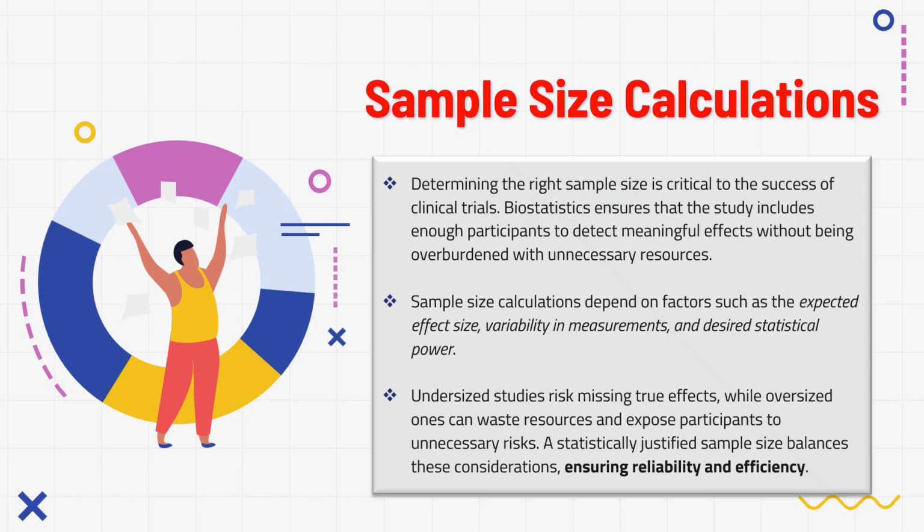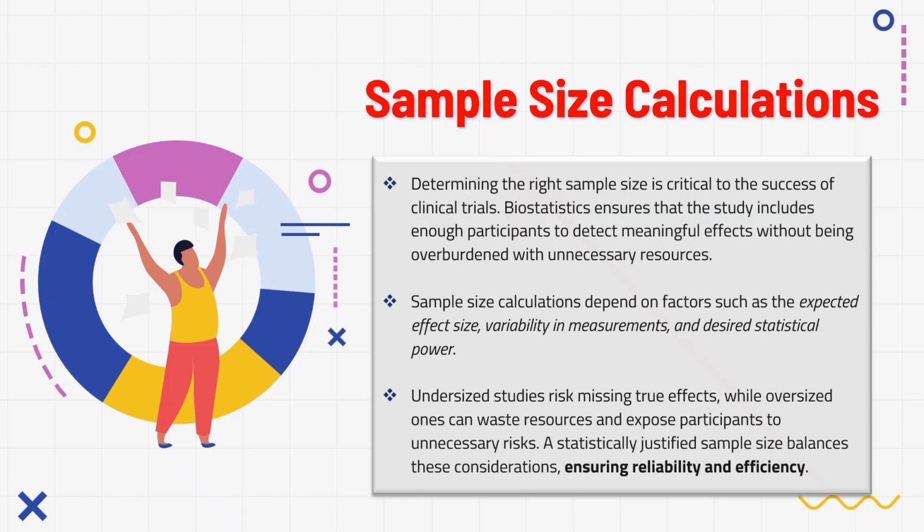The sample size we select for a clinical trial is backed by biostatistical analysis, and biostatistics ensures that the study includes enough participants to detect a meaningful effect without being overburdened with unnecessary resources. No matter how many resources you put into a clinical trial, at the end of the day you have to draw valid conclusions about the meaningful effects of that drug, to determine whether your drug is efficacious or not, and that has to be backed by biostatistical analysis.